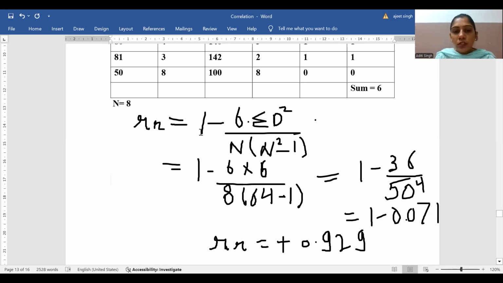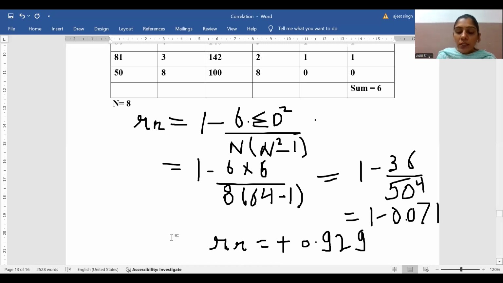So in this question, the answer of coefficient of correlation is plus 0.929. The plus sign shows that there is a positive correlation between both the variables, and the value is very near to 1, which is 0.92.